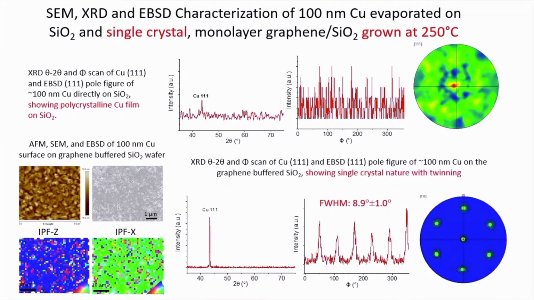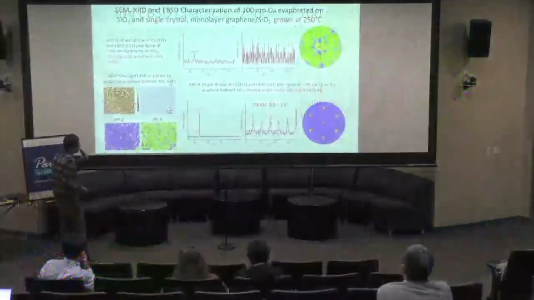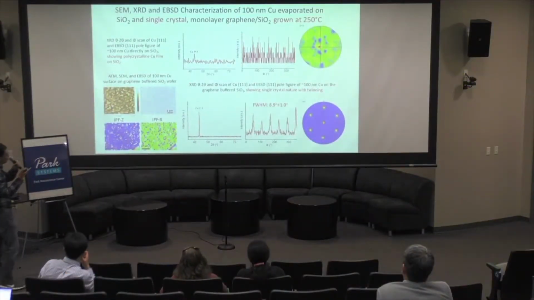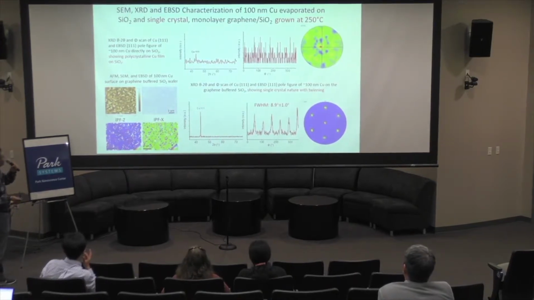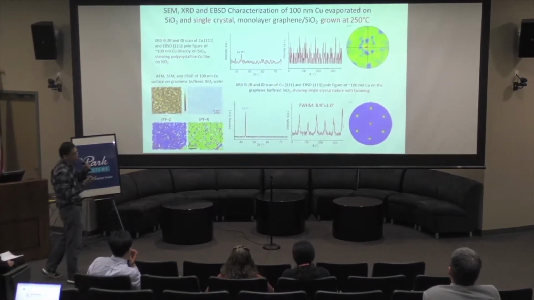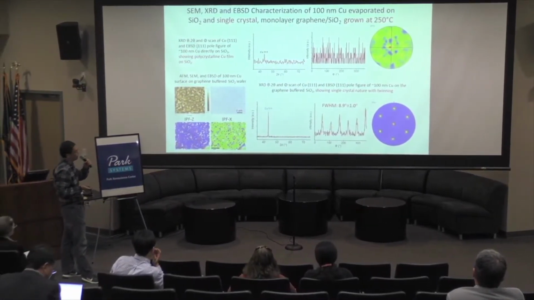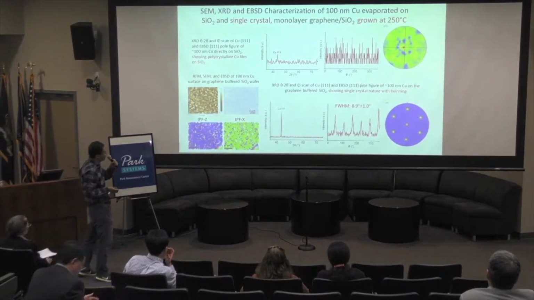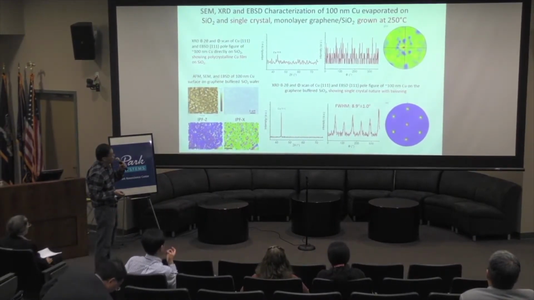In the EBSD IPF mapping, generally the out-of-plane Z direction is 111. There are a few different colors with different orientations, which I think are caused by impurities on the graphene surface, such as residues from the transfer process, and also wrinkles and defects.